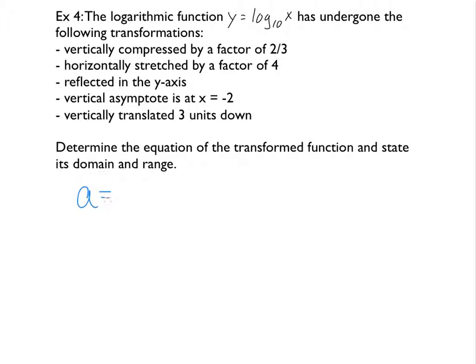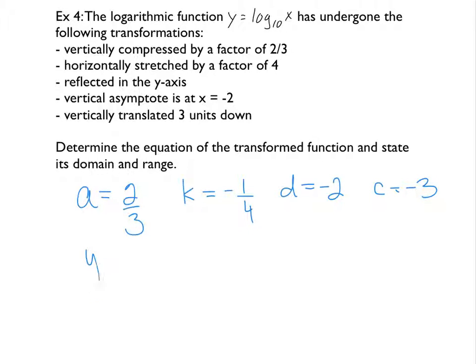Your a value is equal to 2/3. Your horizontal stretch, that's k, is equal to 1/4, and it's also being reflected in the y-axis, so that's affecting your k, and that's going to make it negative 1/4. Your d value is affected by your vertical asymptote, so it's going to be negative 2, and it's being vertically translated 3 units down, so that's affecting your c value, so c is equal to negative 3.